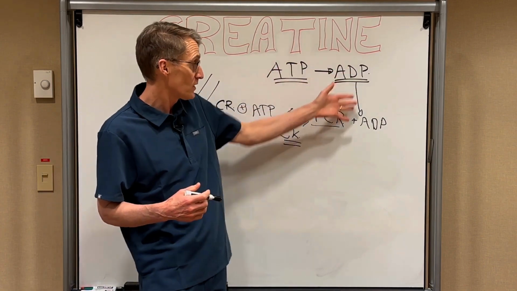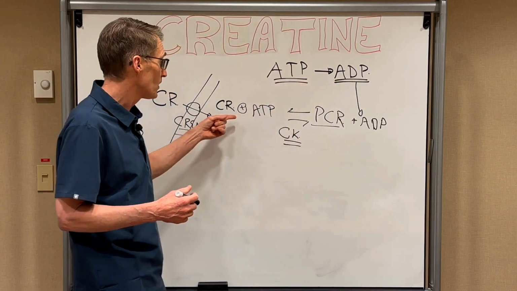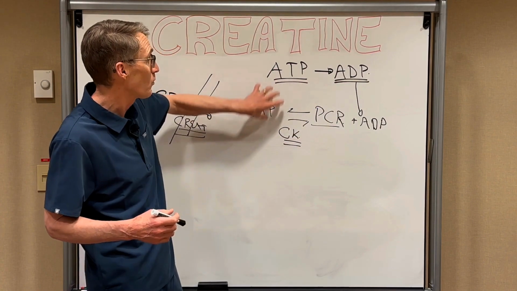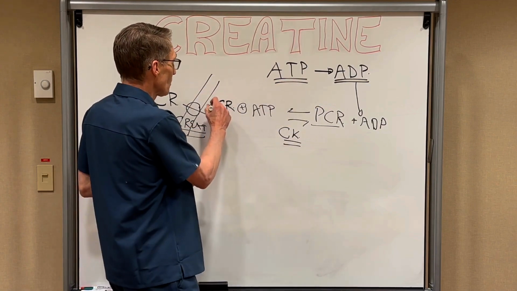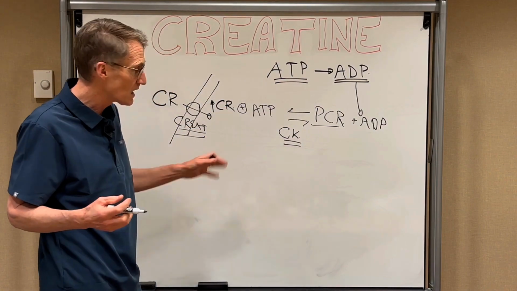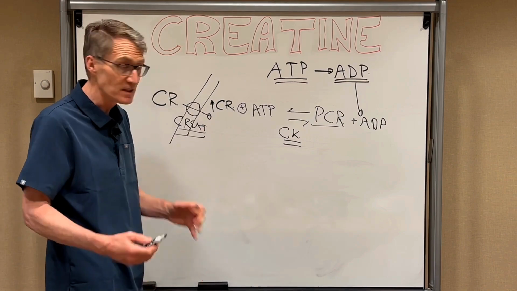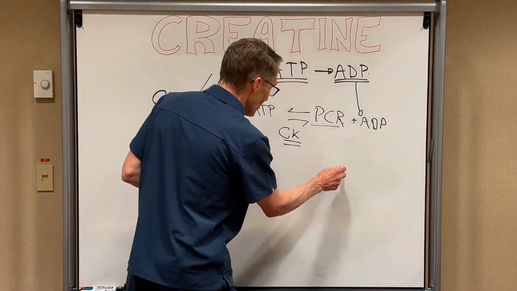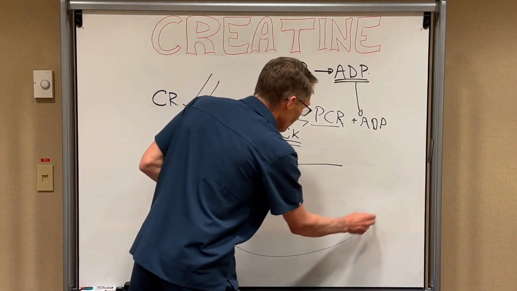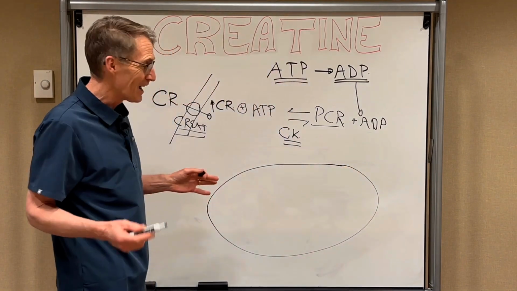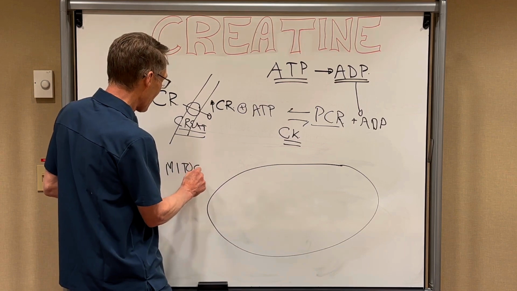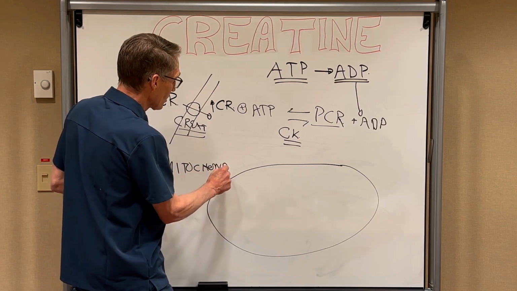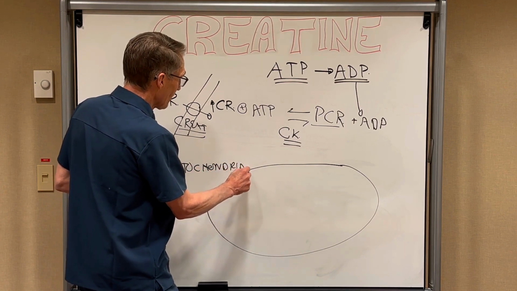Now, when you, for example, start sprinting and we use our phosphocreatine to recreate more ATP to keep the cell moving, the creatine concentration goes up. And what creatine does when it goes up is it forms a signal to tell the mitochondria to start working. So let's draw mitochondria here. So this is very stylized. The mitochondria, we'll just draw that out here, are the cellular powerhouse.